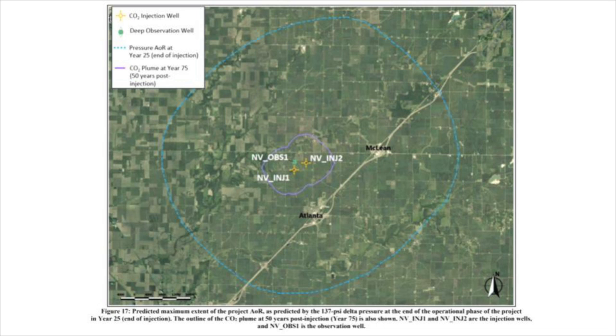So those two towns will have the Mount Simon sandstone under them pressurized. This goes beyond that, and it's about a 20-mile diameter, somewhat of a circle, and it encompasses about 200,000 acres. So you can see that these projects each affect a huge amount of land.